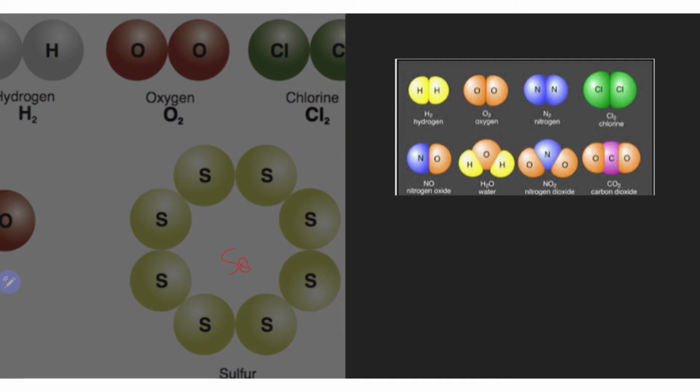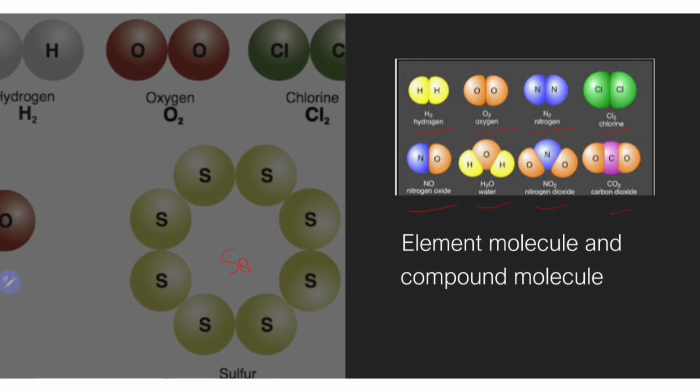And then you have once again hydrogen, oxygen, nitrogen, and Cl2, chlorine, nitrogen oxide or monoxide NO, water, nitrogen dioxide, and carbon dioxide. So here we separate the difference between this one and this one. For the first row, the type of atom is the same: H2, O2, N2, Cl2.